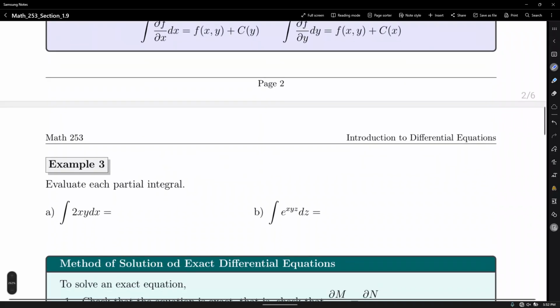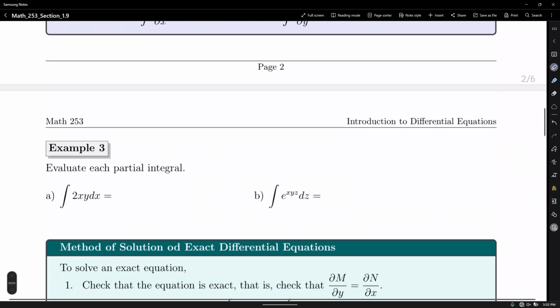Number 1, let's integrate 2xy with respect to x. That means we need to hold the variable y constant. So focus on integrating 2x. Again, the integral of 2x is x squared times the multiple constant y, plus c.